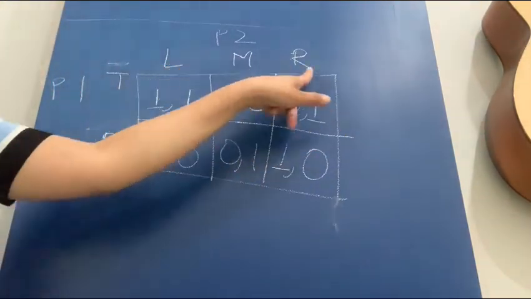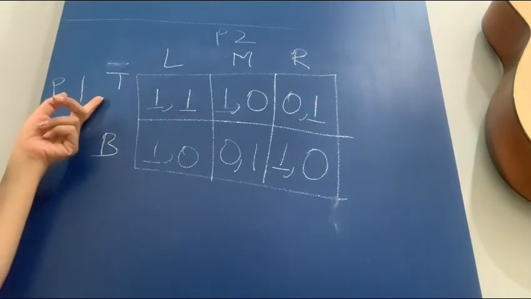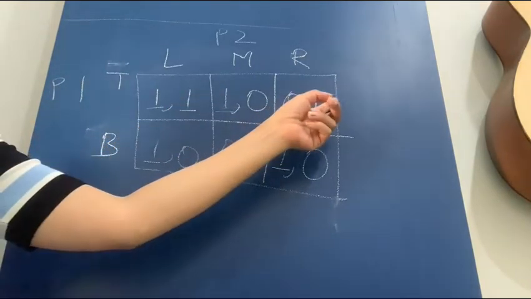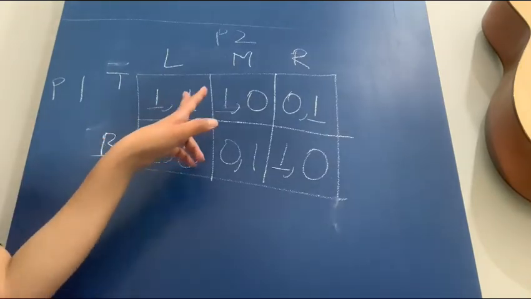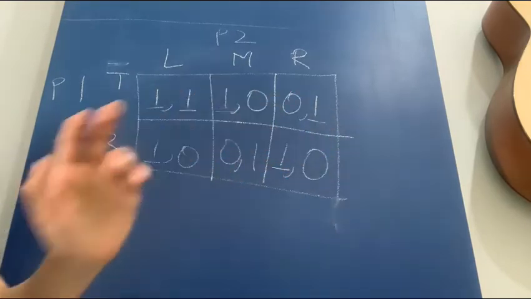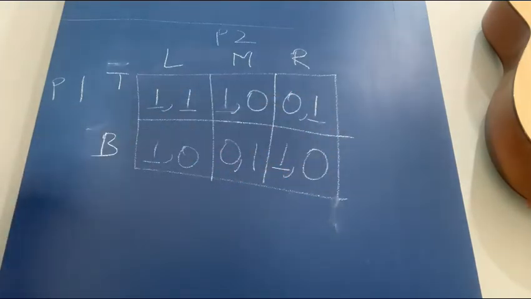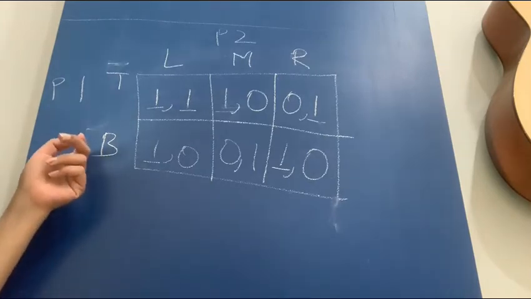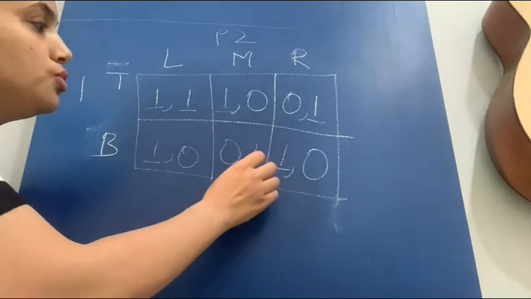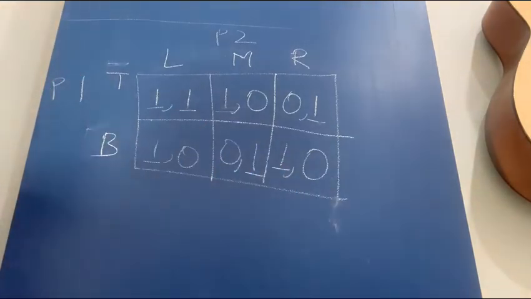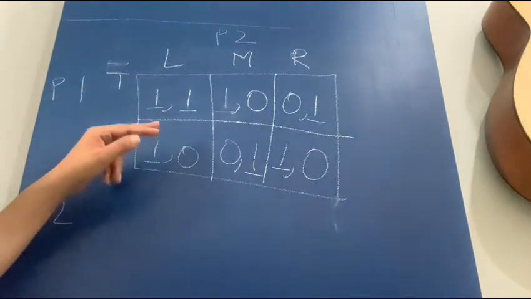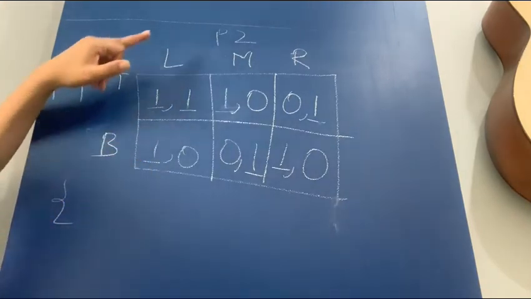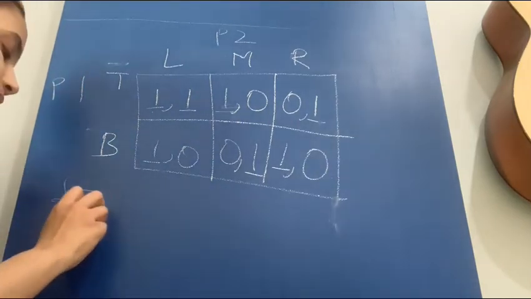Between L and R, if player 1 has played T, L and R are giving the same payoff to player 2. So again player 2 should be indifferent between playing L or playing R, given that player 1 has played T. For the action B of player 1, player 2 should choose M. So if we look here, the Nash for this game will be this, where player 1 is playing T and player 2 is playing L.